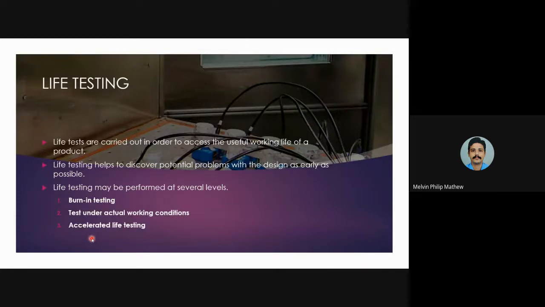We are carrying out life testing to find out the useful working life of a product. So every product, on multiple operations, can become old, or it will fail. It will fail after a particular time. So we have to find out the time it fails so as to determine it.